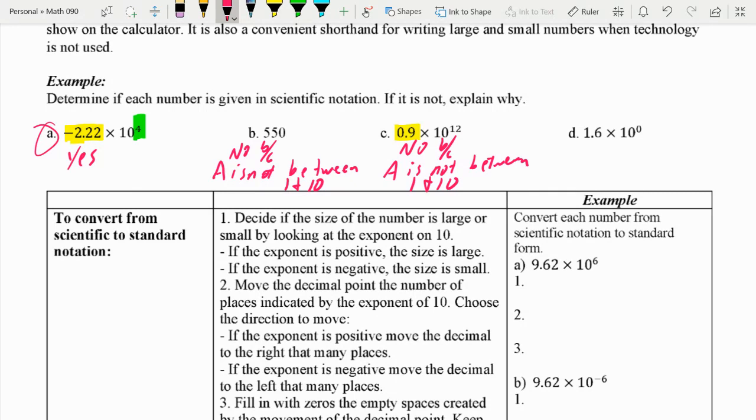All right, let's look at D. Yes or no? Well, here's A. A is between 1 and 10, yes. And then there's n. Is n a whole number? Yes. So is D written in scientific notation? Yes.